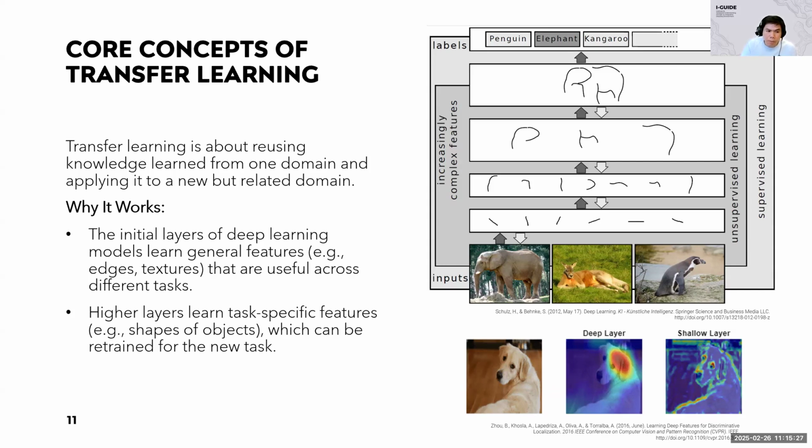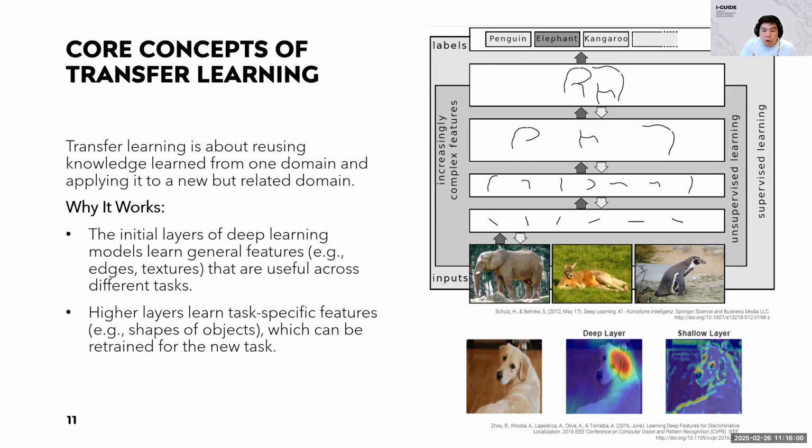But why does it actually work? Because in a deep learning model, the initial layers, or the layers closer to the input data, learn about general features such as edges, textures, or a really general idea of the object itself, and we hope that is useful across different tasks.